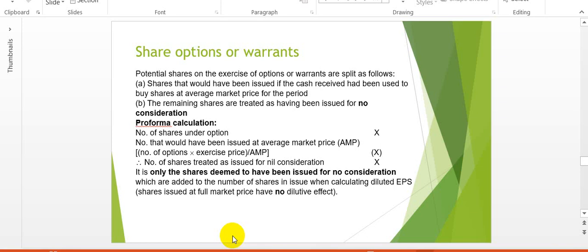So these options also have a potential to dilute the EPS. You need to memorize this formula given here. We use it to compute the dilution in EPS as a result of share options.